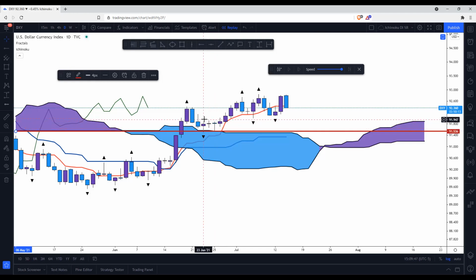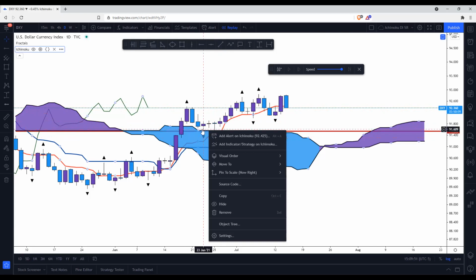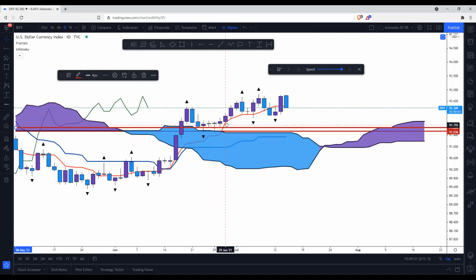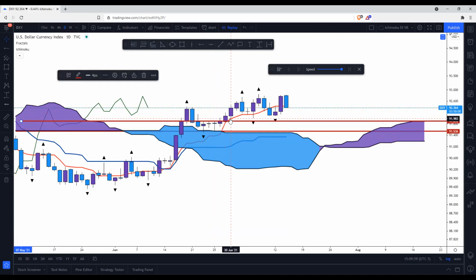So I'm gonna put the entry on the top. Yeah, entry's on top and stop loss wherever you want to put it to breathe.